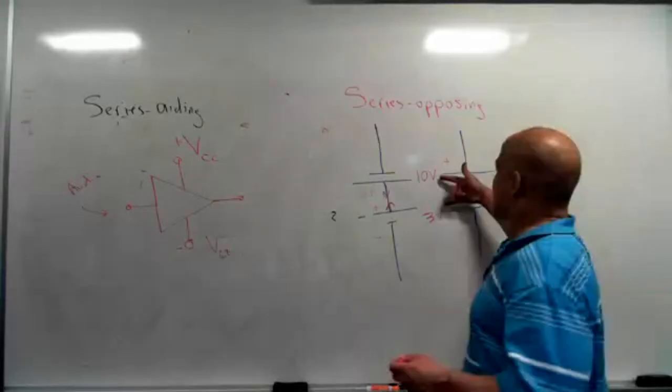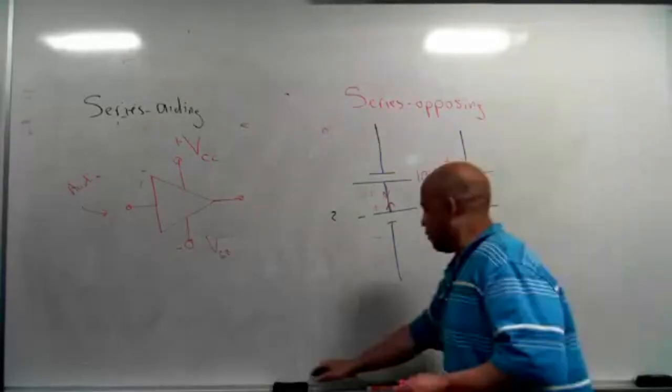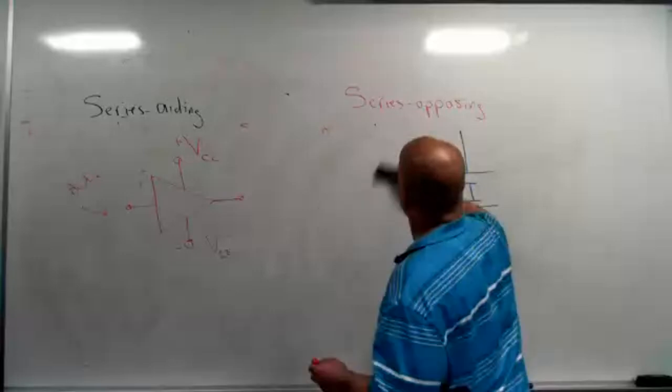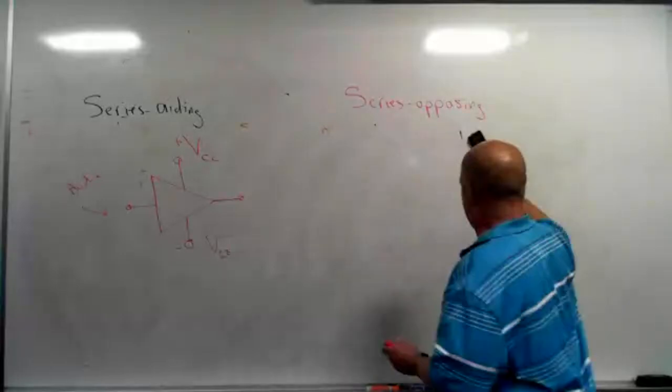And then for that one, did you say it was VT equals V1 minus V2? Yeah, you would subtract these, and it would have the polarity of the bigger voltage source.